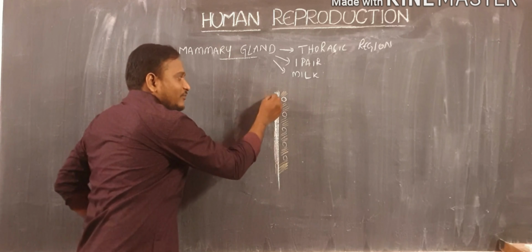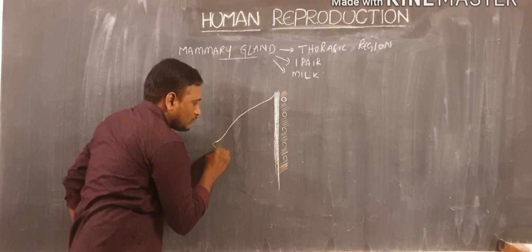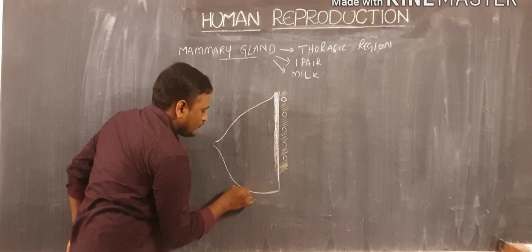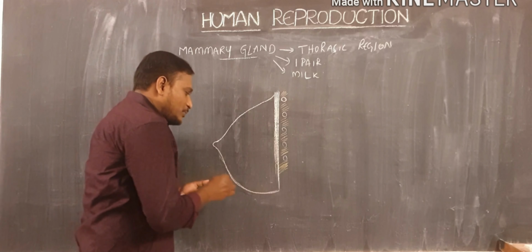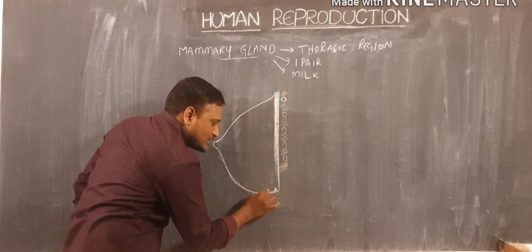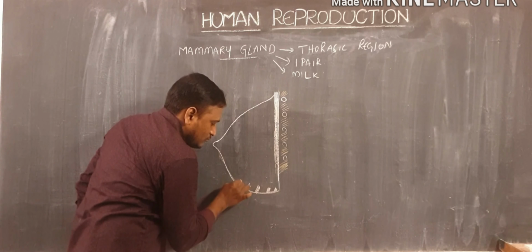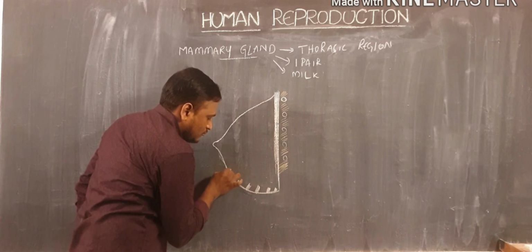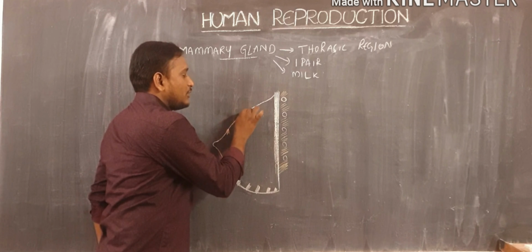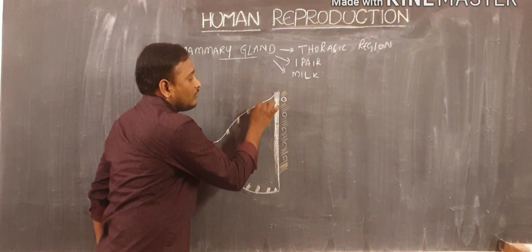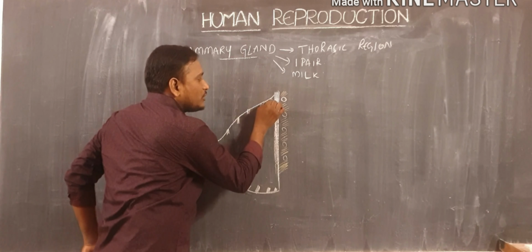And in this case, the mammary gland will appear like this. At the marginal side, there are suspensory ligaments. Between the suspensory ligaments, there is some amount of fat.